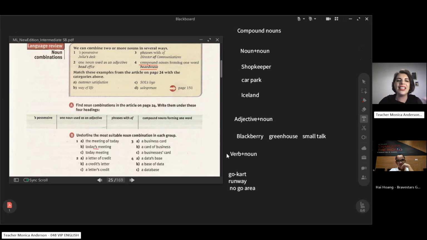Will you give me an example of a noun? Motorbike. Great. Adjective now?